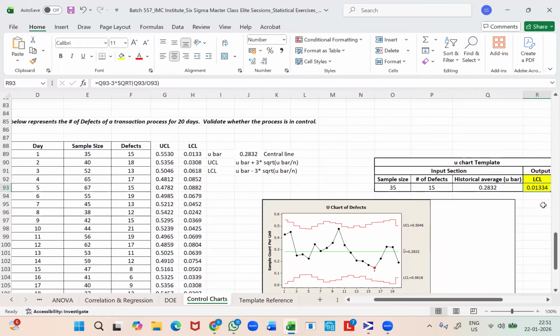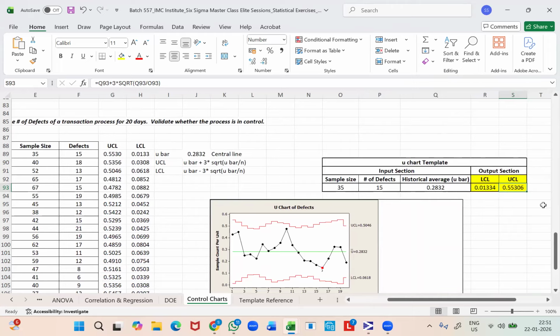And we get the LCL value as 0.01334. If you extend this further, the UCL value is 0.55306, or 0.55305. And the LCL is 0.0133. Perfect.